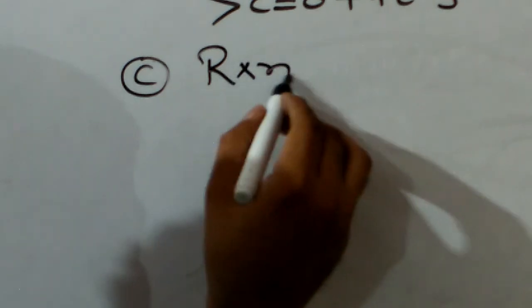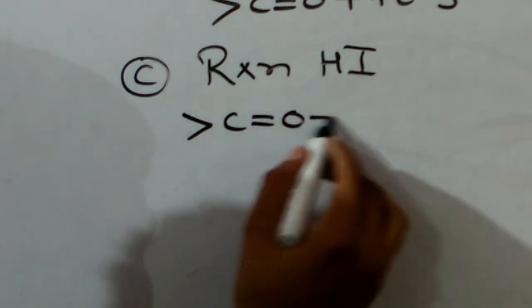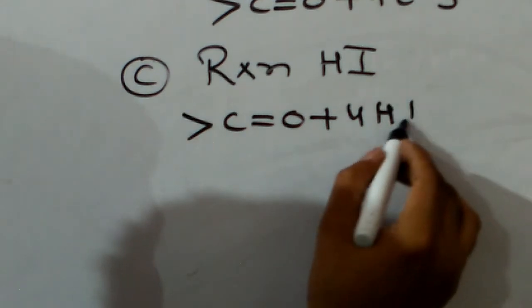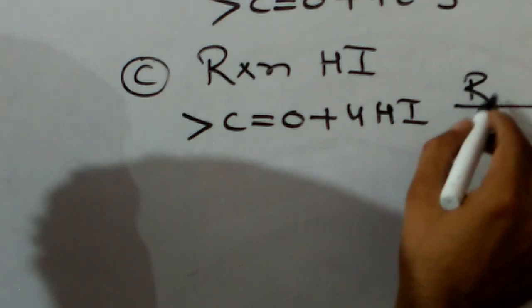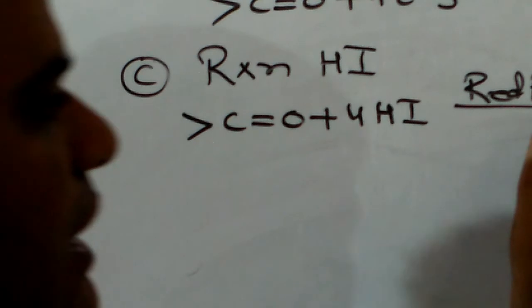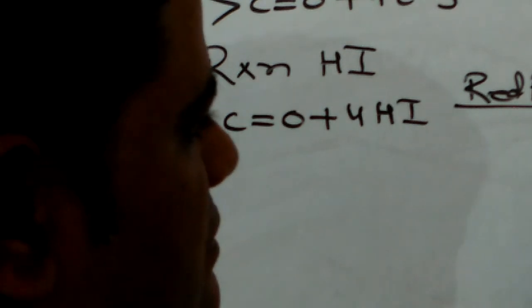And the third one is reaction with HI in red phosphorus. Aldehyde and ketone can react with HI in presence of red phosphorus to give an alkane as a product.